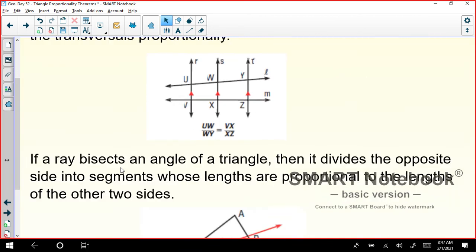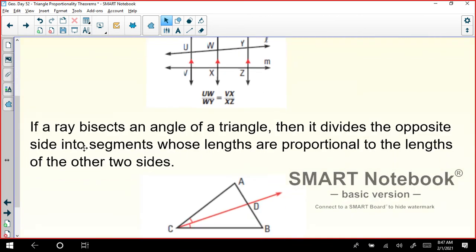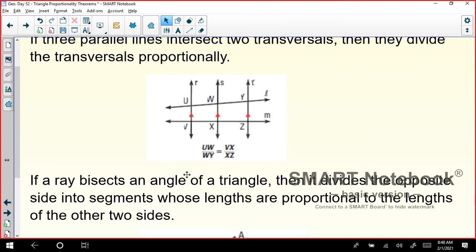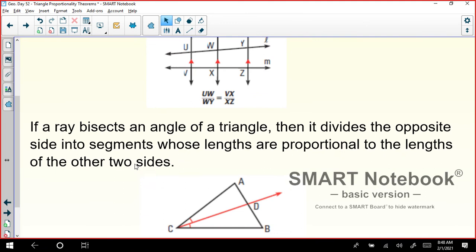Let's see one more. This was your second triangle proportionality theorem. That was the first one, and the converse you saw. This is the third one. If I have a ray that bisects an angle of a triangle, then it divides the opposite side into segments whose lengths are proportional to the lengths of the other two sides.